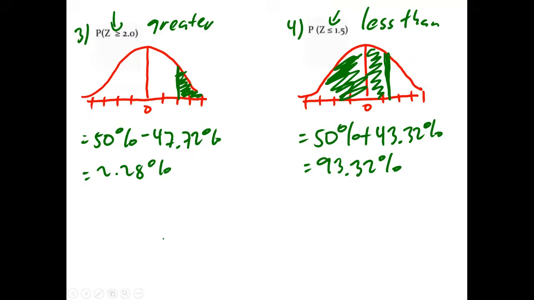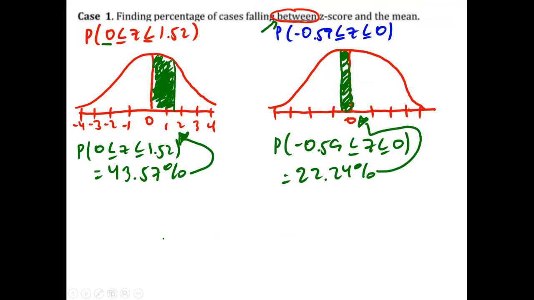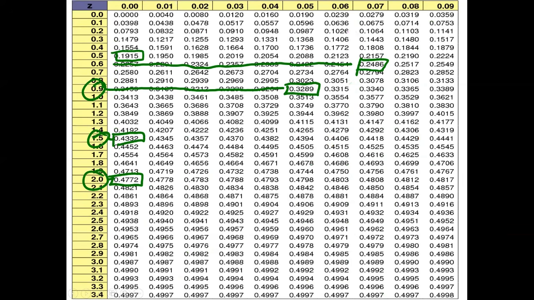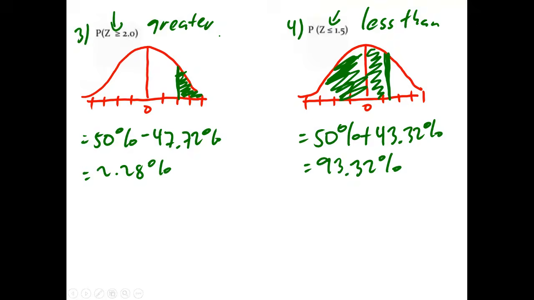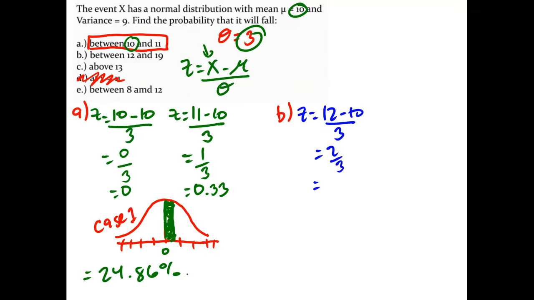So, sorry. 0.33 is 12.93. So this is actually 12.93%.